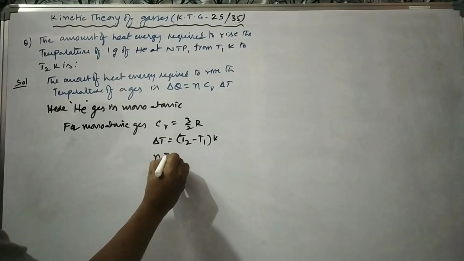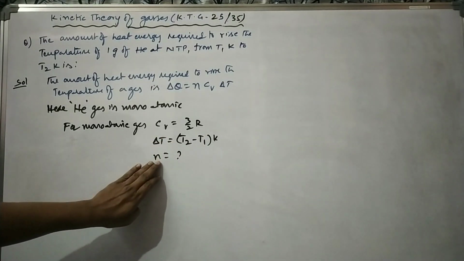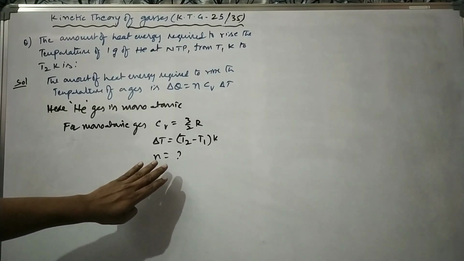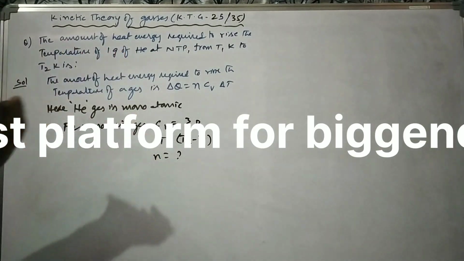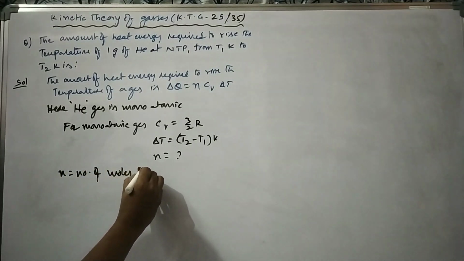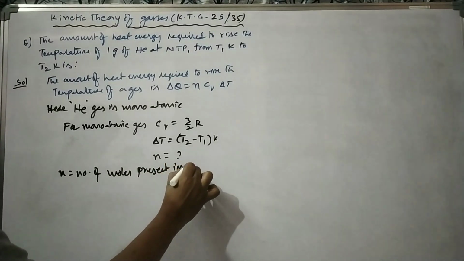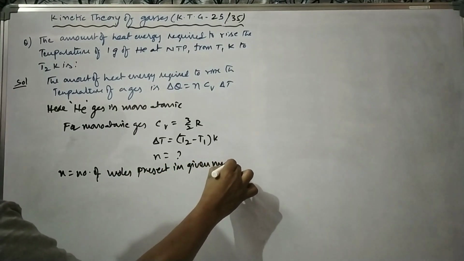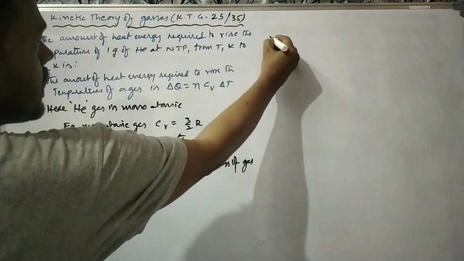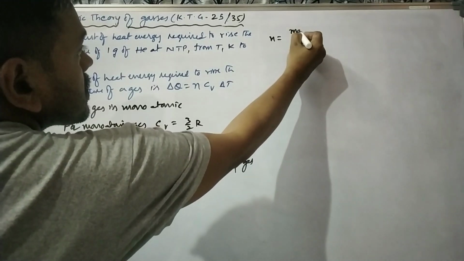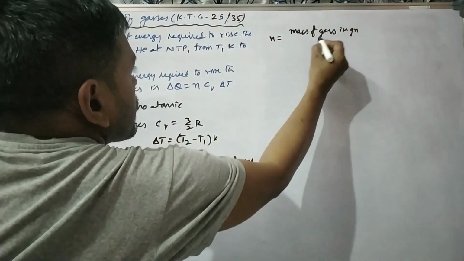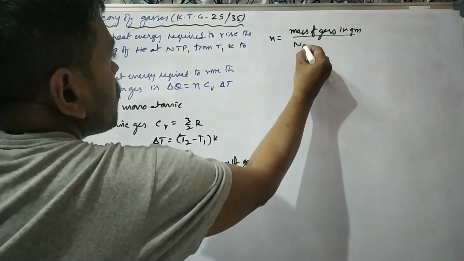But N is not given, so you should calculate the N value. Here N is the number of moles present in the given mass of gas. The formula is N equal to mass of gas in grams by its molecular weight.